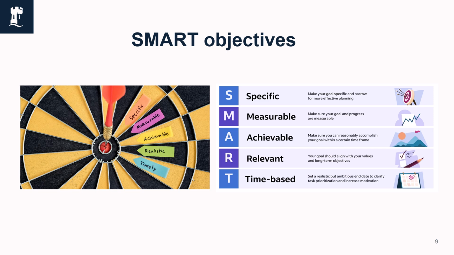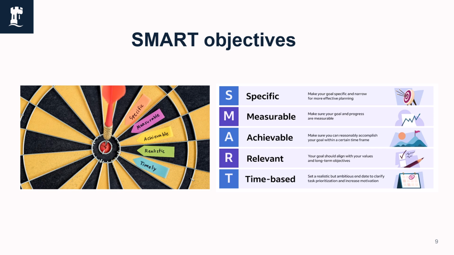But then the R on the right hand side is different. Rather than realistic, it's relevant. And the T on the right hand side, rather than meaning timely, it's explained as time-based.